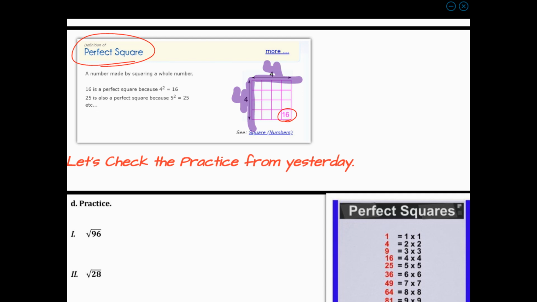This is just adding to yesterday's notes because we had some questions come up about it. So a perfect square is 16 because 16 equals 4 times 4. Okay, so this would be a perfect square. 25 is a perfect square because it equals 5 times 5, or 5 squared.